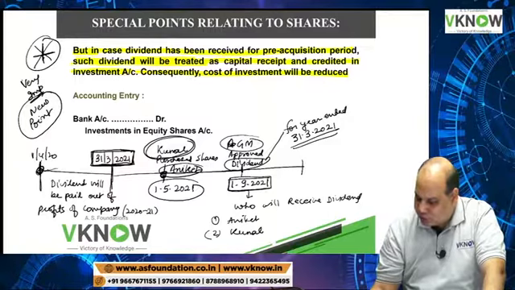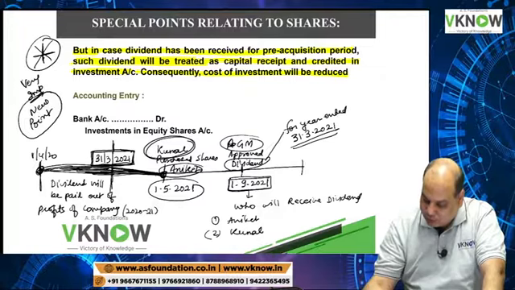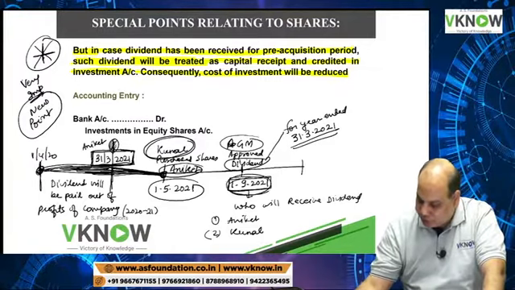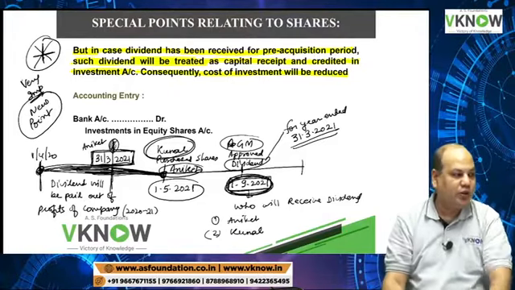Aniket was holding the share from 1st April 2020 till he sold it to Kunal on 1st May 2021, which means on the balance sheet date of 31st March, it was Aniket who was holding the share. But when the AGM declared the dividend, it is Kunal who is holding the share.